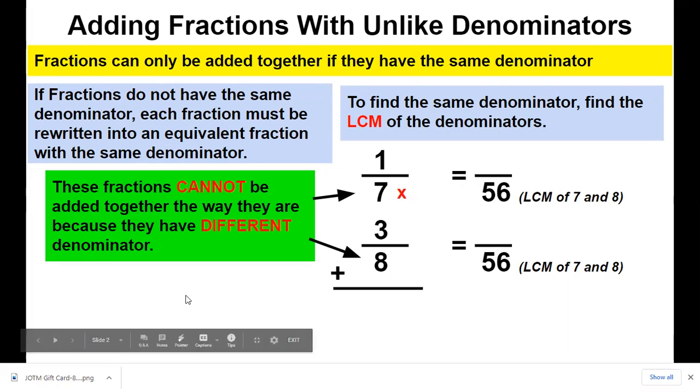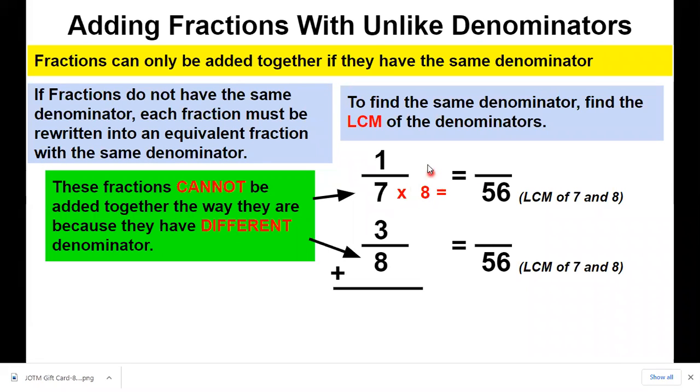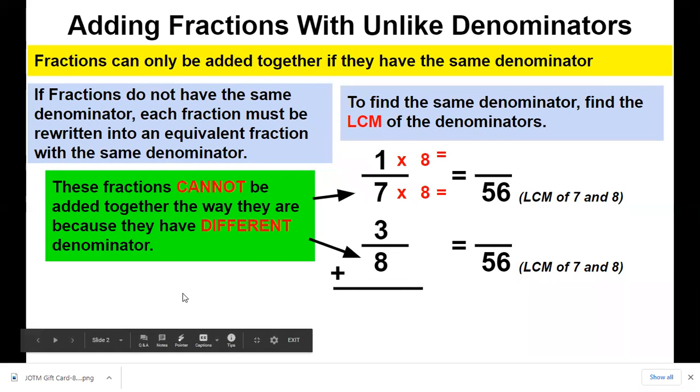Well, 7 times 8 is 56, right? So there's how we got our 56. So we have to do the same thing to the top. If I times by 8 here, I have to times by 8 up here. So there's my times 8.